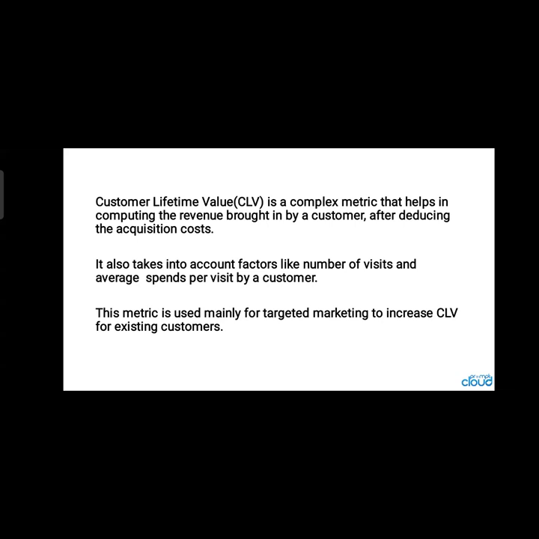This metric is used mainly for targeted marketing to increase customer lifetime value for existing customers. So this is how they calculate customer lifetime value: number of visits and average spends per visit for a specific duration of time.